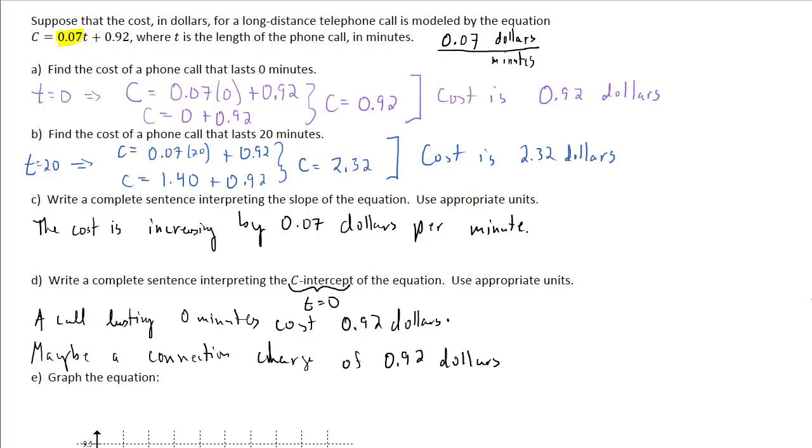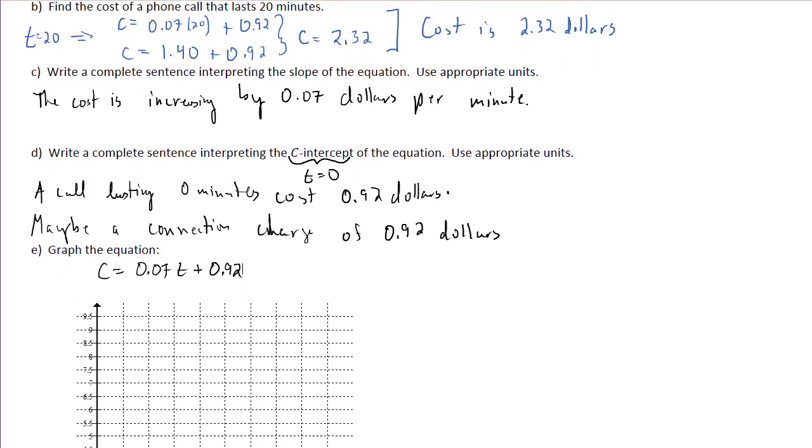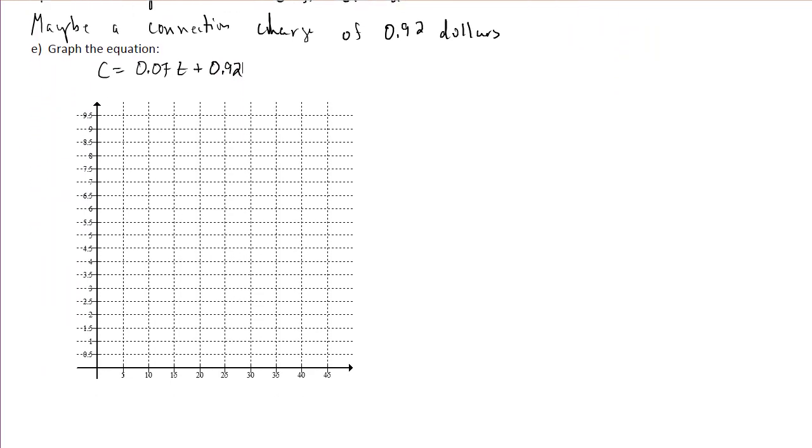All right, and finally we were asked to graph the equation, and I'll just write the equation again for reference. The equation was C equals 0.07t plus 0.92. And we have a grid already prepared for us.